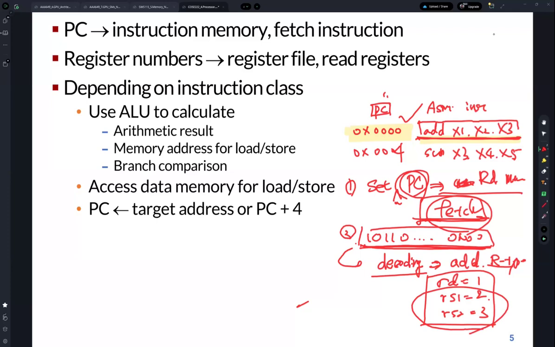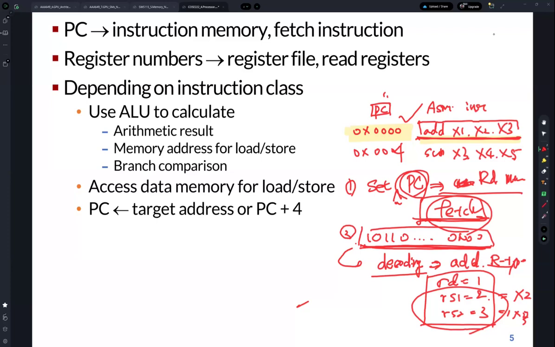And where is this data? In registers. This is in x2, this is in x3, so a processor needs to read data from registers for the operands.